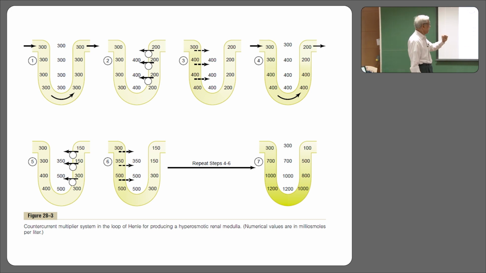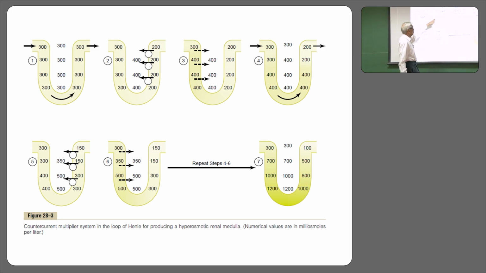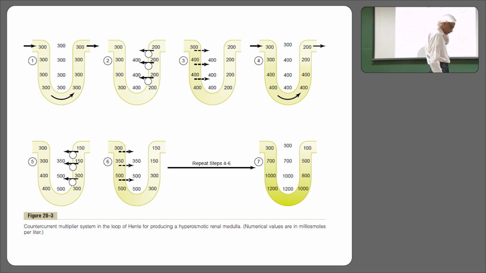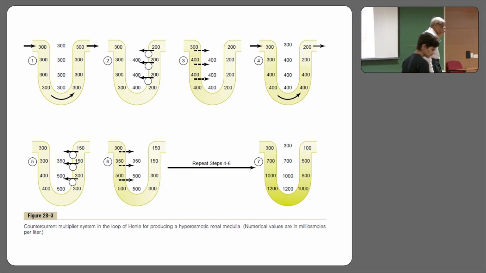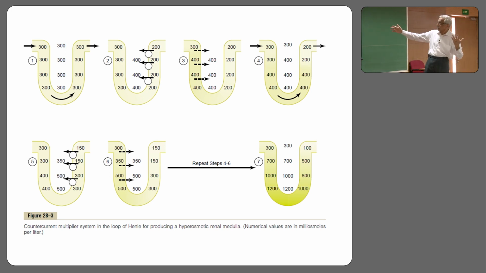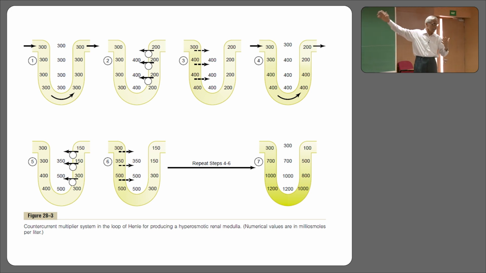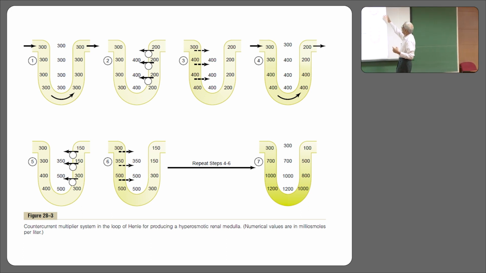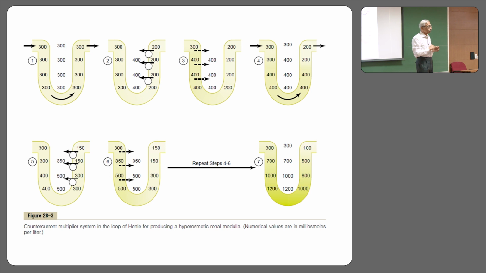Okay. And then as the fluid goes here, on the ascending side, what is the peculiarity? In what way is the ascending side different from the descending side? Aquaporins or no aquaporins?